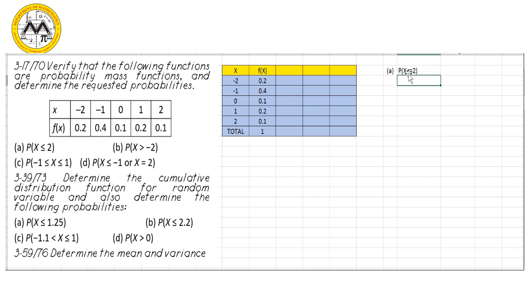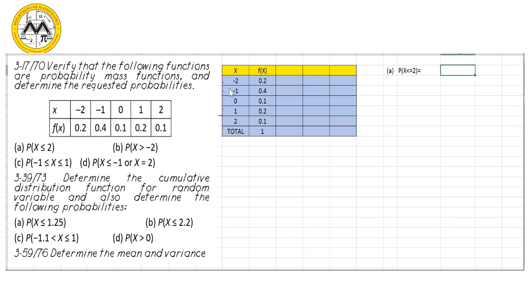So the values included here would be all of these values, including 2.